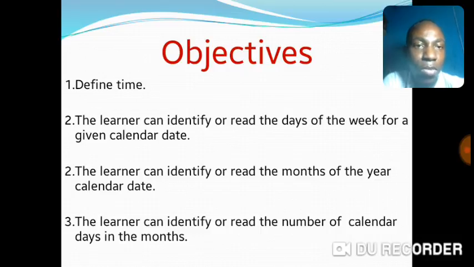You can also identify or read the months of the year on the calendar. And finally, you can identify or read the number of calendar days in the month.